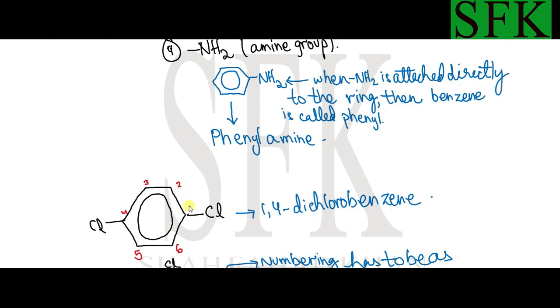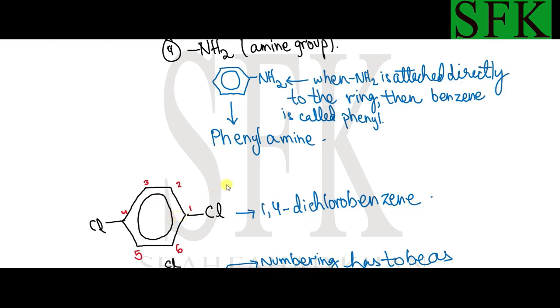Now I've gone in the anti-clockwise direction: carbon 1, carbon 2, carbon 3, carbon 4, carbon 5, and carbon 6. I've named this as carbon 1, and the other carbon that contains the chlorine group is carbon 4.